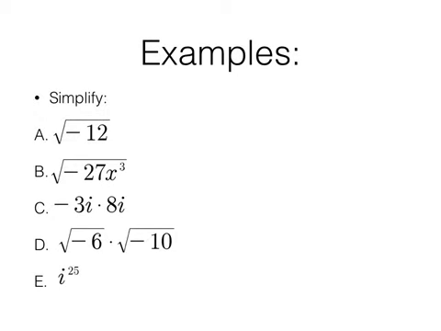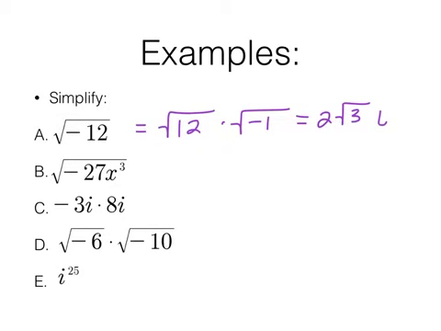Let's do the square root of negative 12. Well, first of all, 12 is not a perfect square, so I'm not going to be able to find just a straight up square root. But I do know that I first have to think about this as the square root of 12 times the square root of negative 1. The square root of negative 1 is i, and the square root of 12 can be simplified. 12 is 4 times 3, 4 being a perfect square, so 2 root 3 is the simplified version of the square root of 12, and then i.